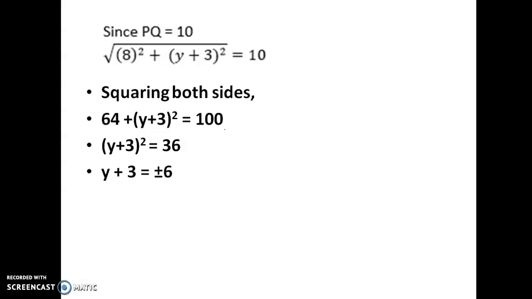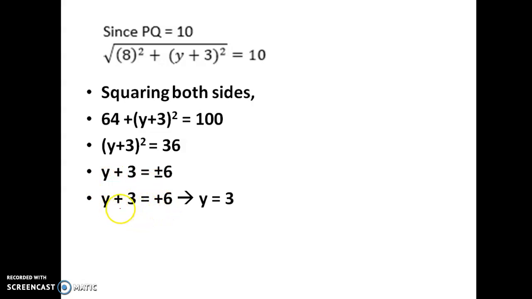Now putting the square root on both sides. If you put the square root, this square will get cancelled. Square root of 36 is 6, but it can be plus or minus 6. It can be either plus or minus. So if it is plus, what will be the answer?